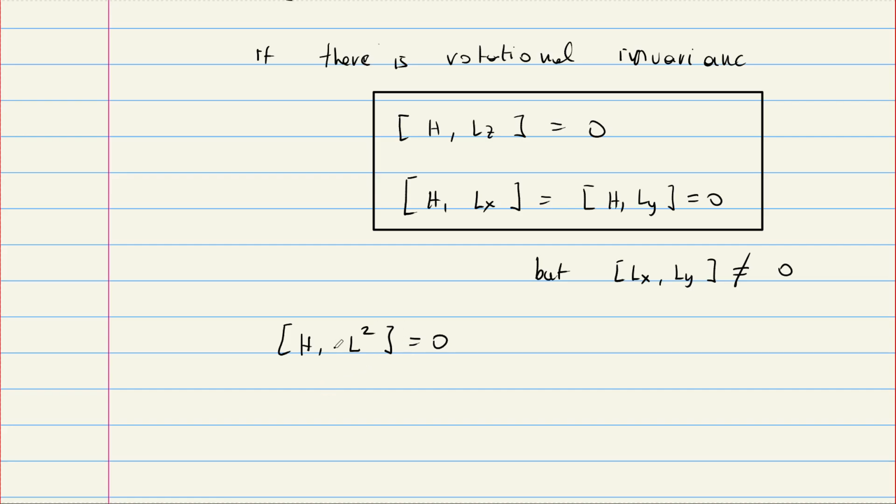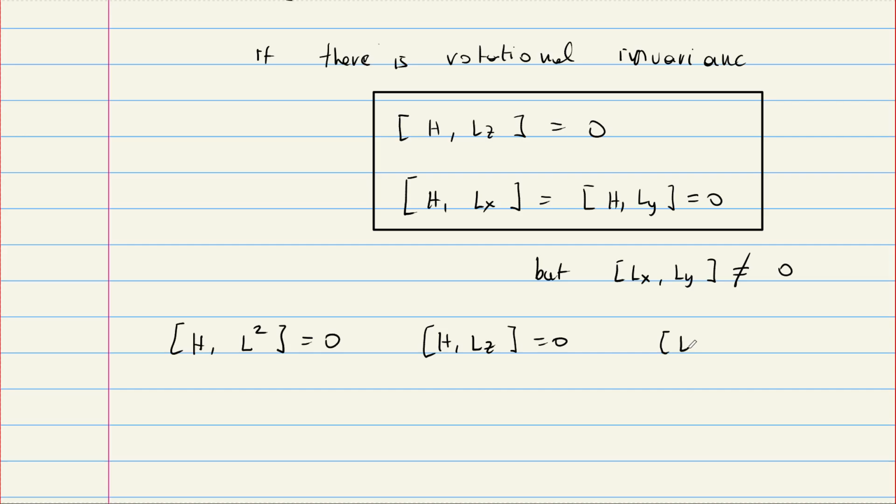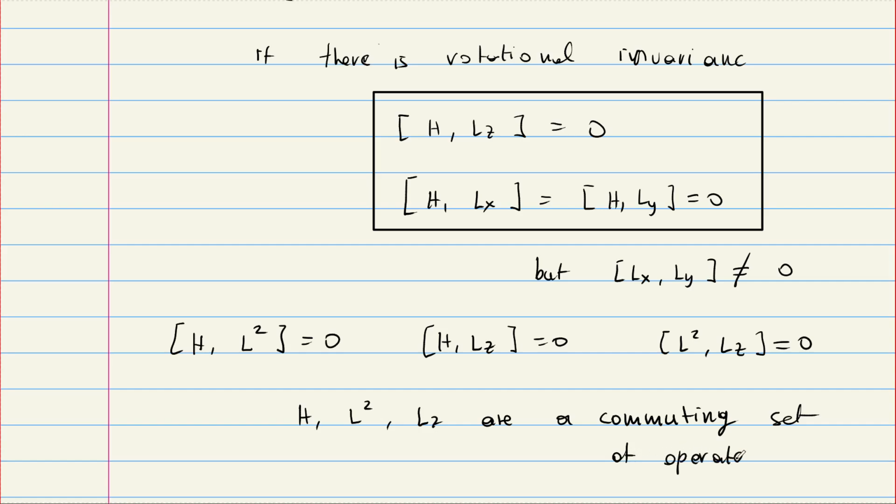Okay, so H commutes with L squared, H commutes with Lz, and L squared commutes with Lz. Therefore, H, L squared, and Lz are a commuting set of operators.